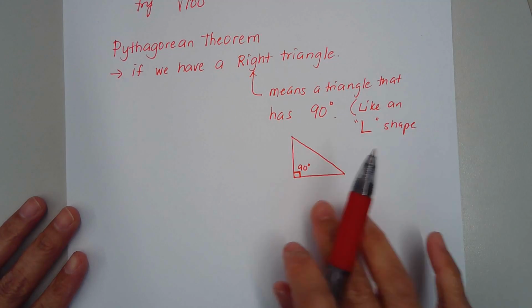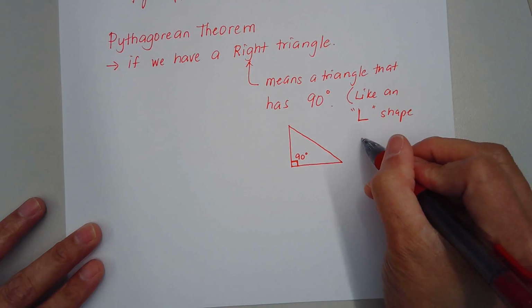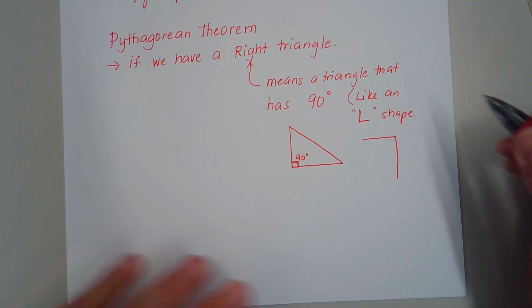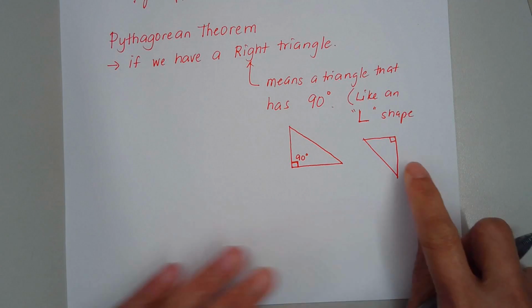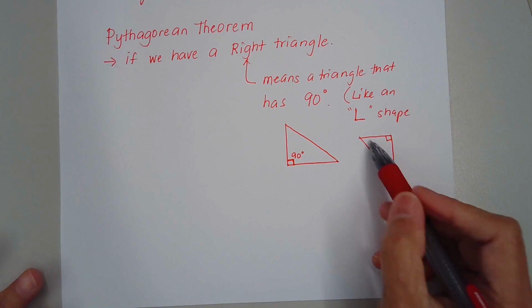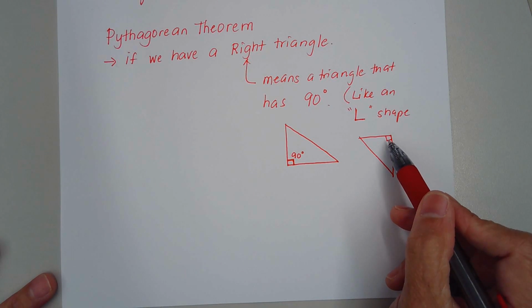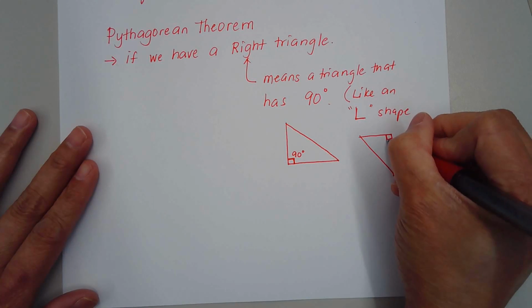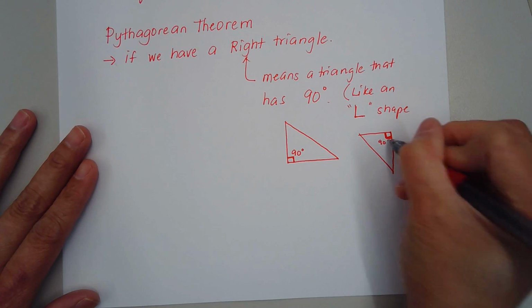Now, the right triangle can look like that. Sometimes it can look like this. It's just upside down, and that's okay. This is still a right triangle because this is still a 90 degrees right here. Little box there, 90 degrees.